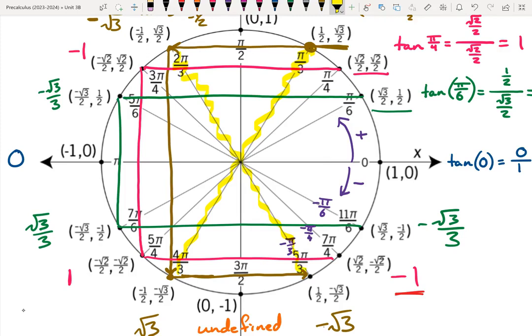Now to be able to condense this down into a single equation, I would have to be equidistant in between every single one. And we're not, right? The distance between pi over 3 and 2 pi over 3 is 60 degrees. Whereas between 2 pi over 3 and 4 pi over 3, that's 120 degrees. So not equidistant, but if you do see that it's equidistant between all four, then yes, you can condense down to 1. Okay? Does that make sense?